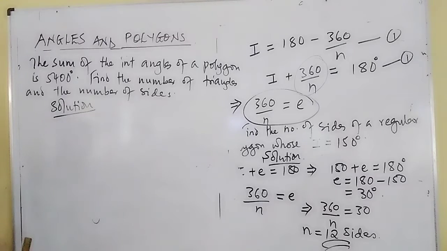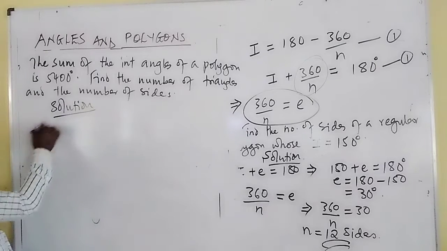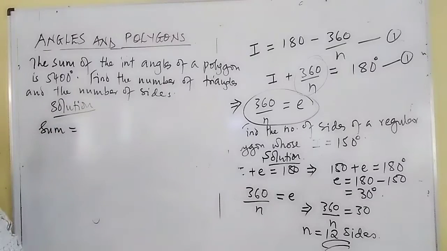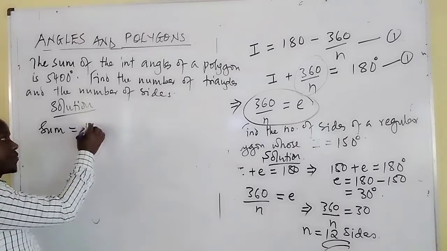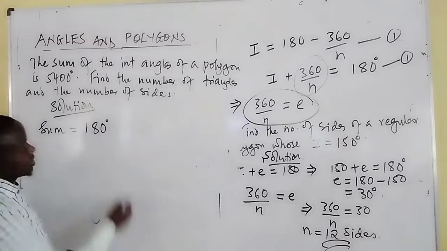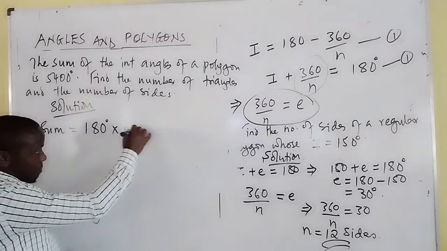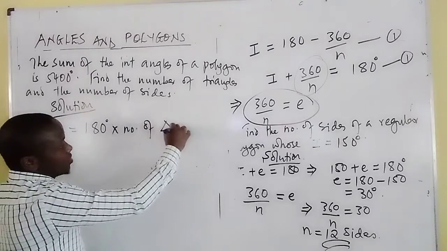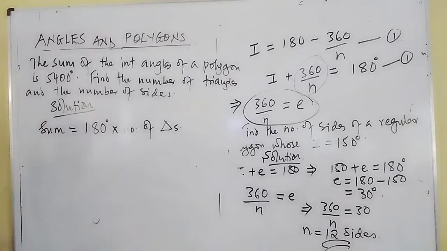Very key. We said that to get the sum of the interior angles, we take 180 and multiply with the number of triangles.